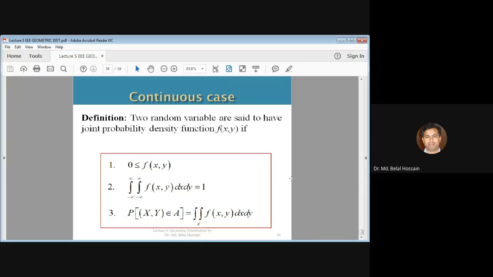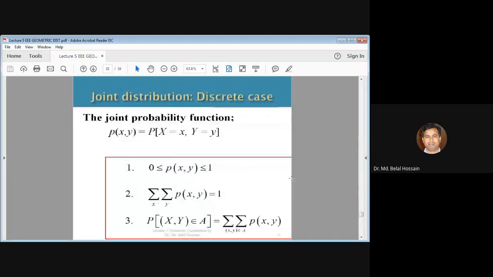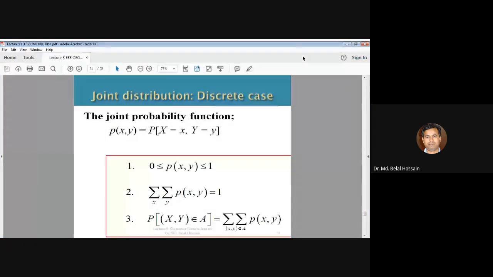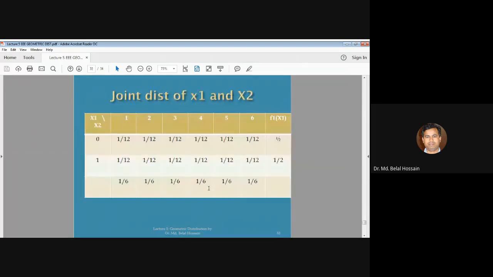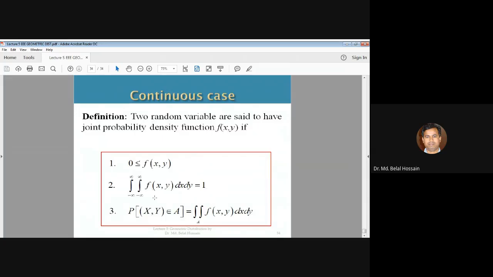Okay, so this is the difference between the continuous case and the discrete case. You have to remember that in the discrete case, you find probabilities by summation, and in the continuous case, you find the probabilities over a range by integrating the probability density function. Okay.